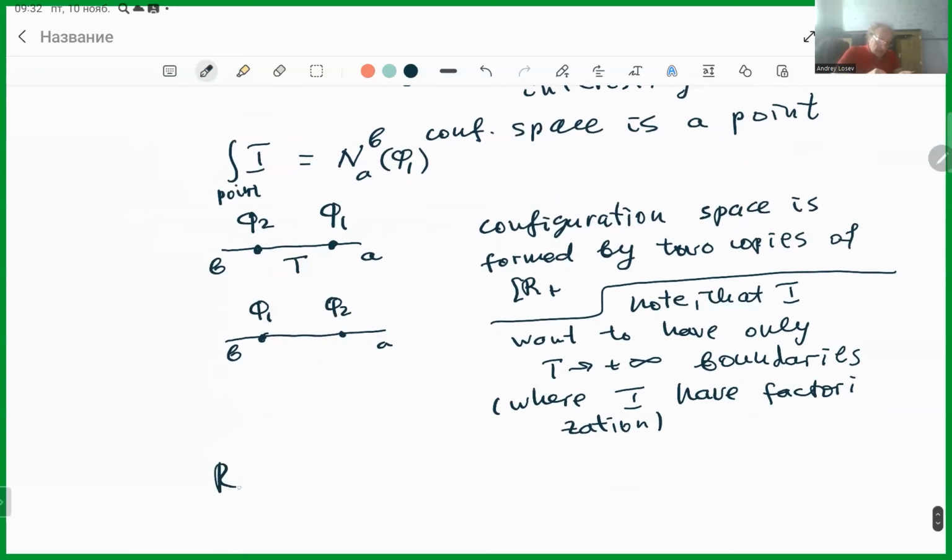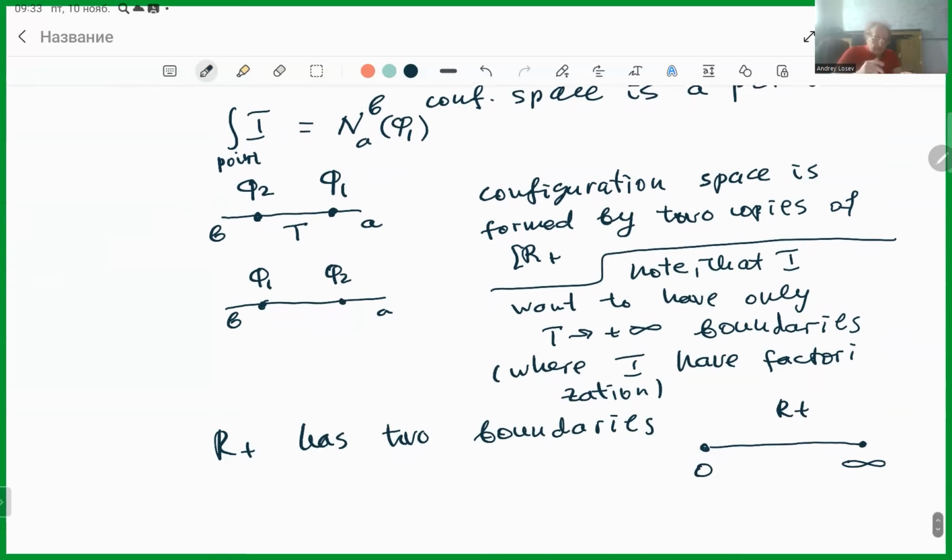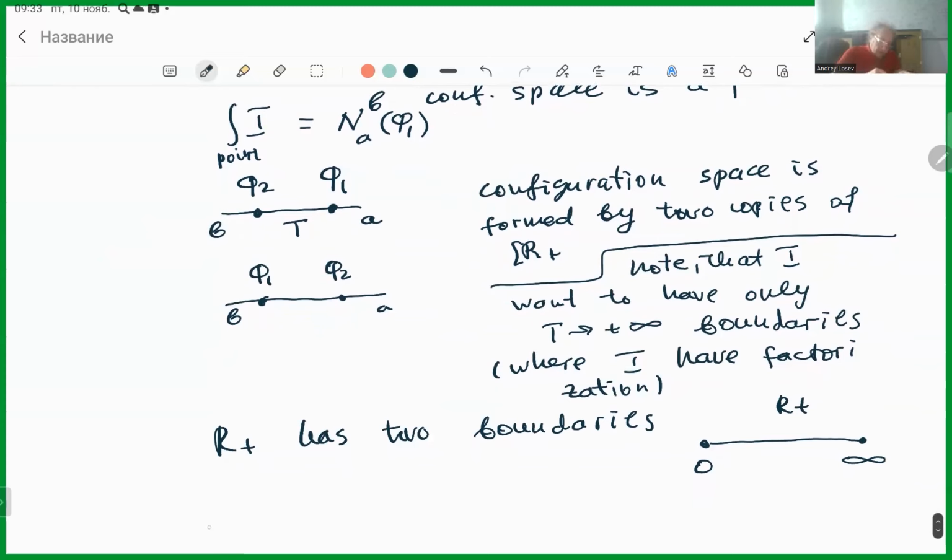However, R plus has two boundaries. So this is R plus. You may ask, what about the boundary T going to 0?